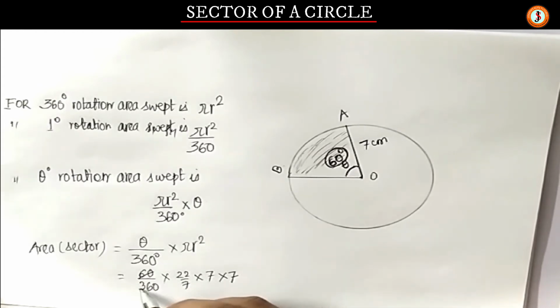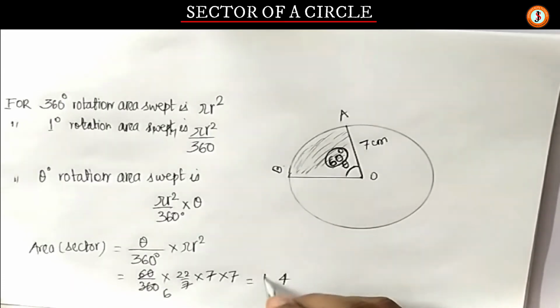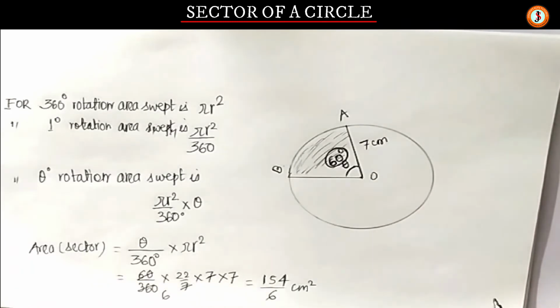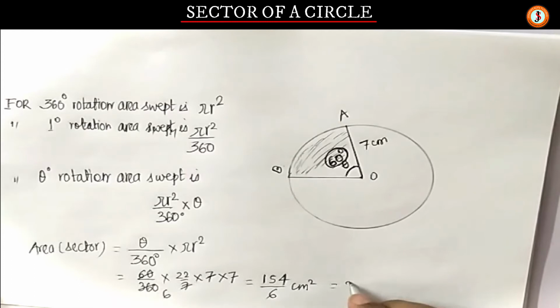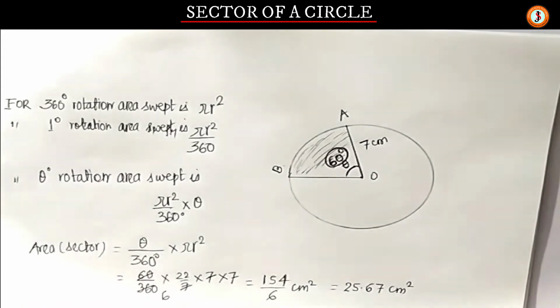So 6 cancels, 7 is gone, so it is 154 by 6 centimeter square. So it will come equal to 25.6666 recurring, so 25.67 centimeter square approximately.